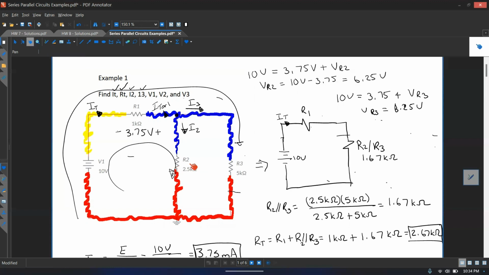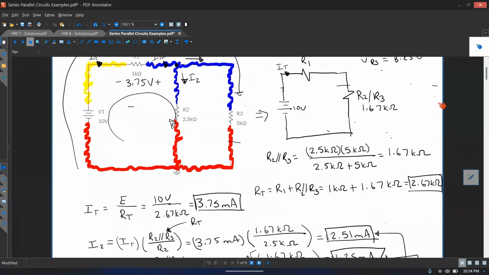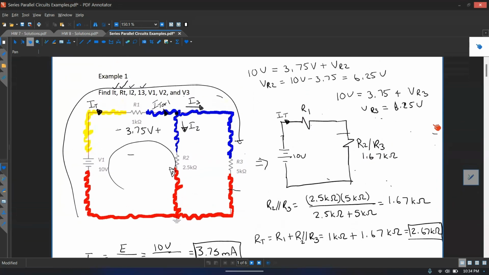For example, once we combined R2 and R3, we drew the circuit. Now we can easily see that this parallel combination is in series with R1. So hopefully that helps, and I'll see you on the next example.